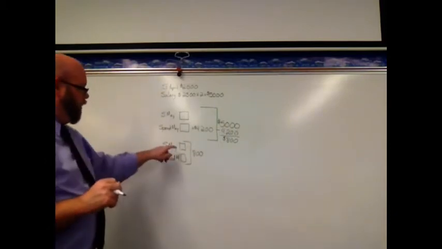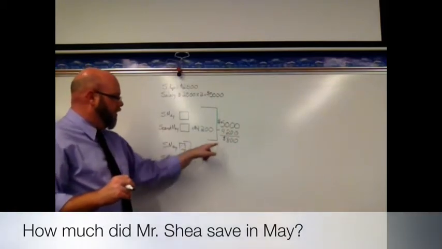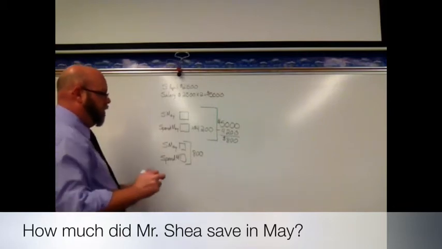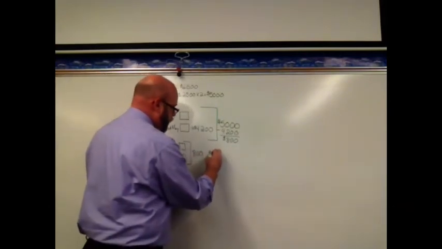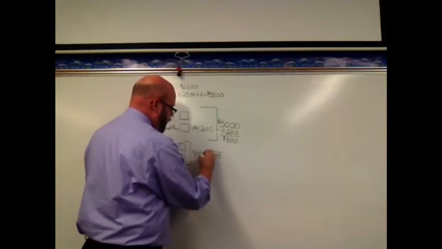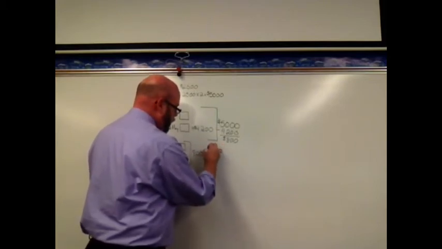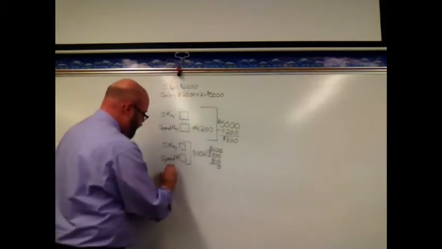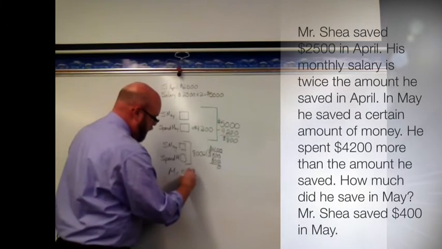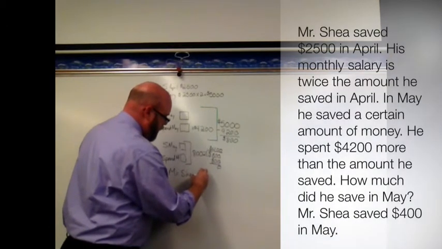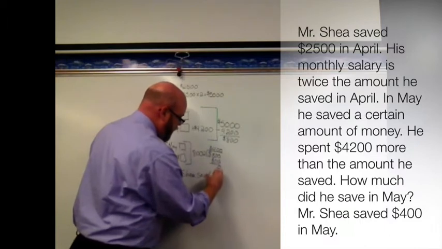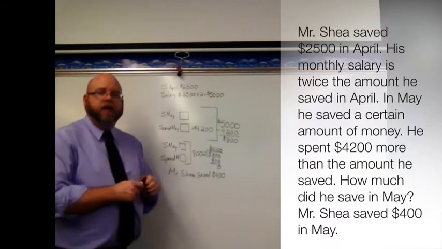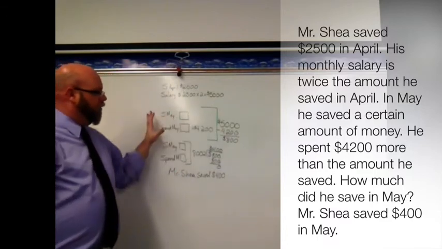Now wait, so the two boxes here are going to be $800 divided among them. Oh, 800 divided by 2. So Mr. Shea saved $400 in May.